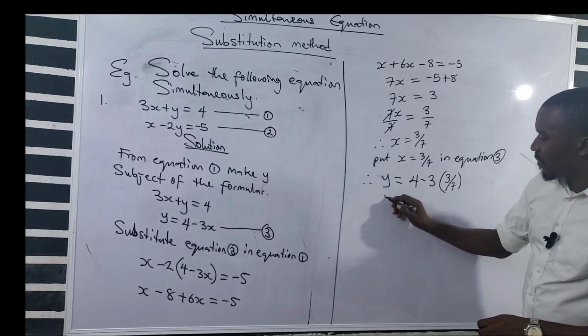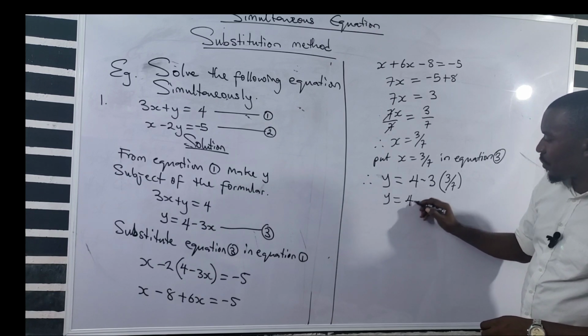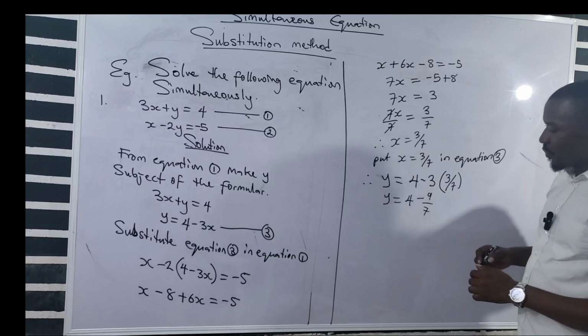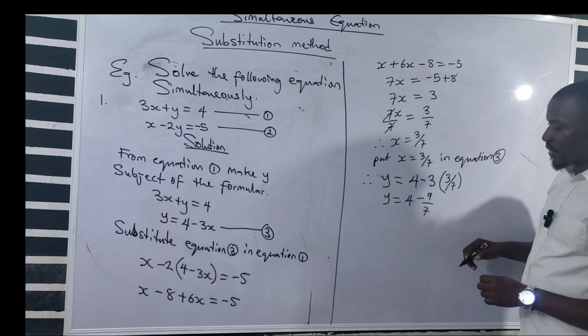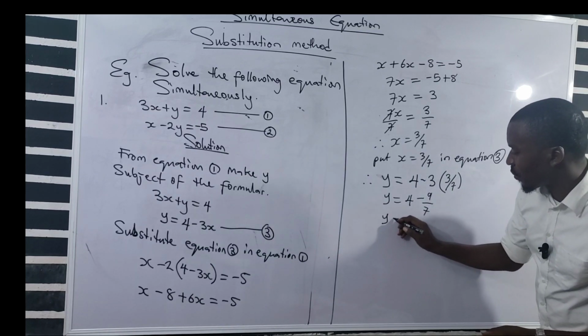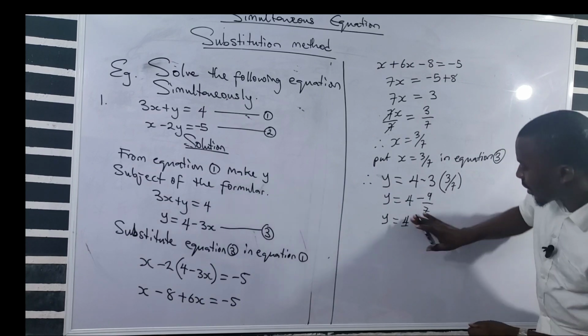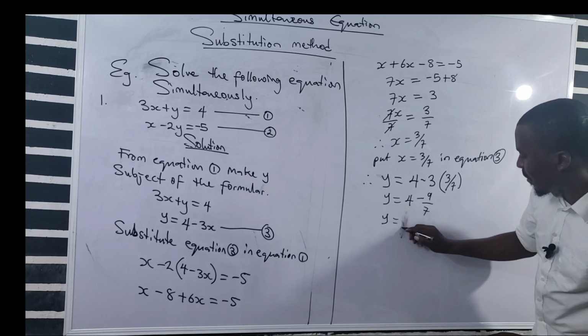Okay? So that will give me that y equals 4 minus 9 over 7. So if you do your arithmetic, which is a fraction, that will give you that y equals 4 over 1. Okay, let's take LCM.